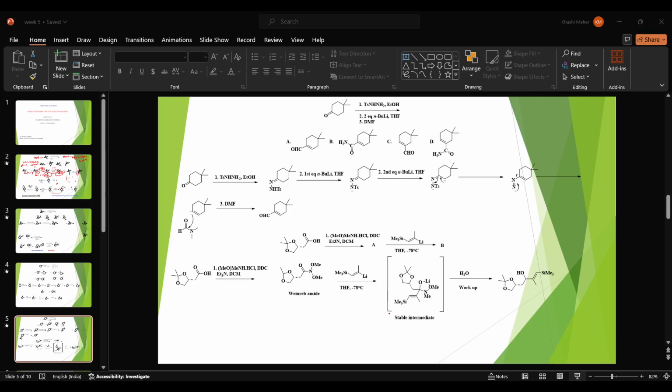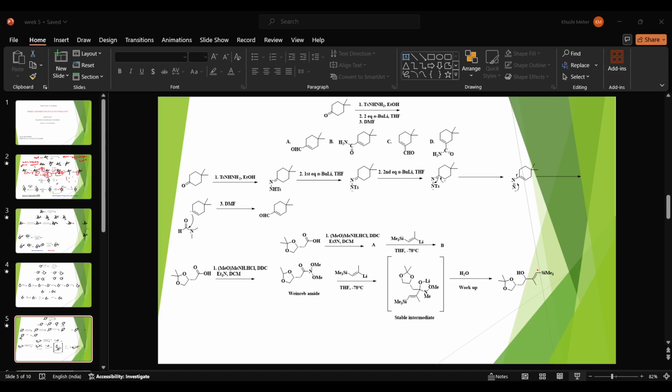The chelation between oxygen and the lithium atom stabilizes our intermediate, and we get a five-membered chelated ring that is stabilized by our Weinreb amide. After that, on work up, the N, Me and OMe group will leave and you will get your corresponding keto.